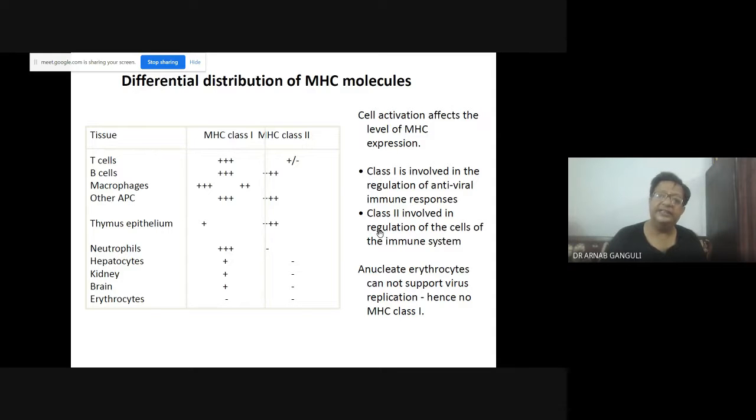Class 2 is essentially involved in the regulation of the cells of the immune system. Macrophages and others, the moment a viral protein or any other pathogenic protein is moving inside the blood, will eat it up, phagocytize it, break it down, and express it on class 2. These class 2 molecules are recognized by a special type of T cells known as helper T cells.